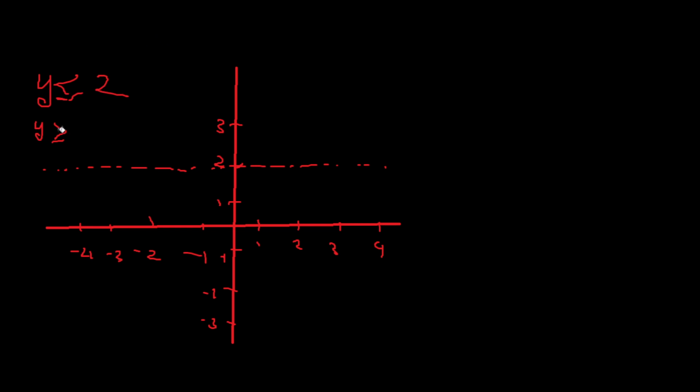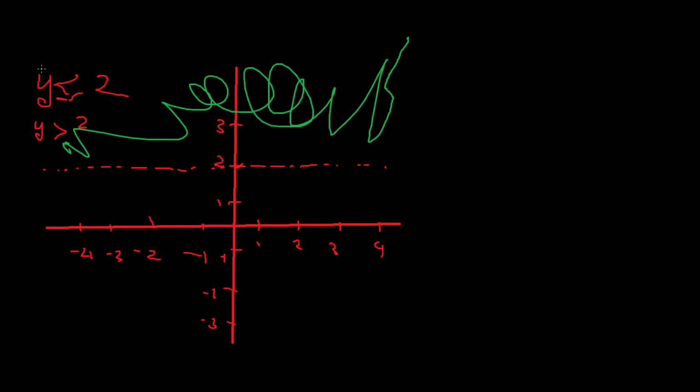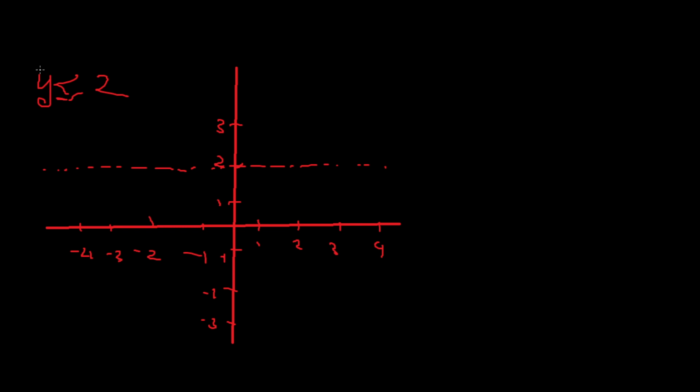Same with here, so if it were a sign like this, it would just be a dotted line, and this place would be shaded. So let's stick with these two inequalities, then we'll do the other one.